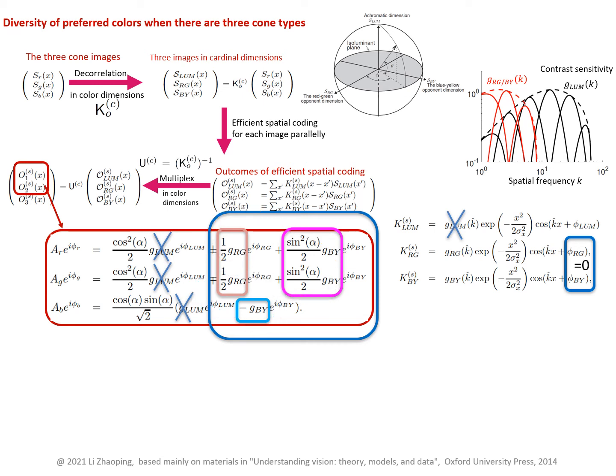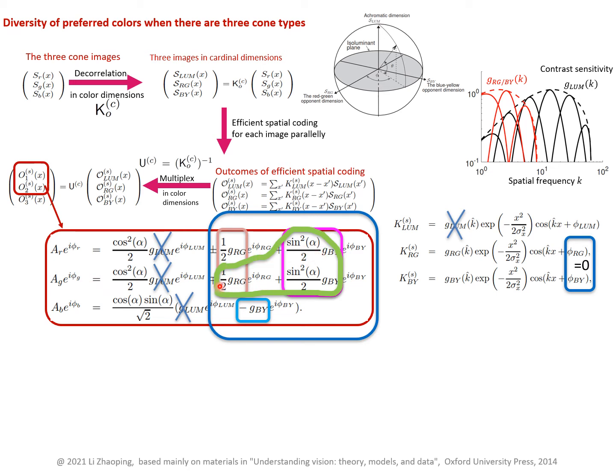Now, if we look at the second output node, O2, then we should pay attention to the second sign here: negative for the red channel and positive for the green channel. And now we see that these three terms share the same positive sign. And so it's mostly green with a little bit of red.